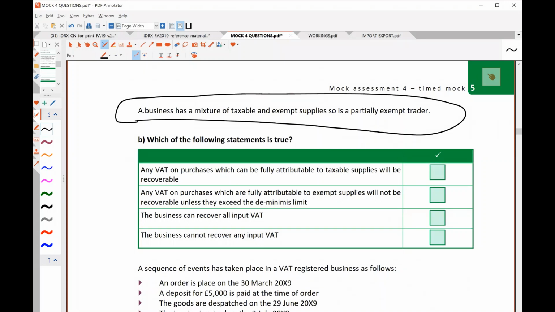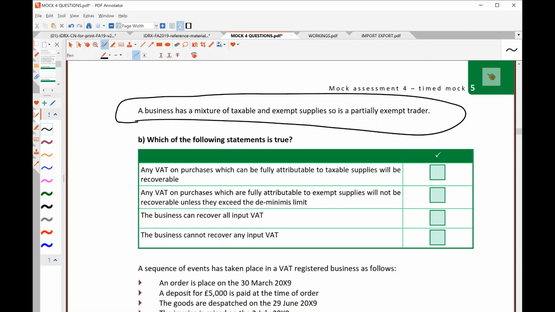It says, any VAT on purchases which are fully attributable to taxable supplies will be recoverable. In other words, just a normal VAT invoice, 20% or 5% or 0%, whatever it is, it's fully recoverable? Can we claim it back?